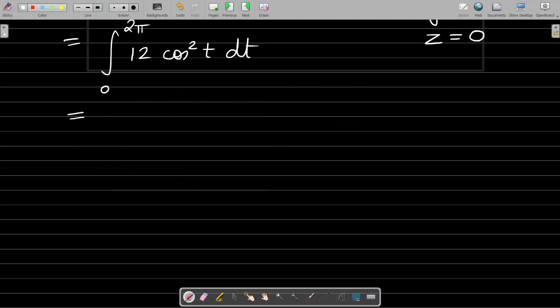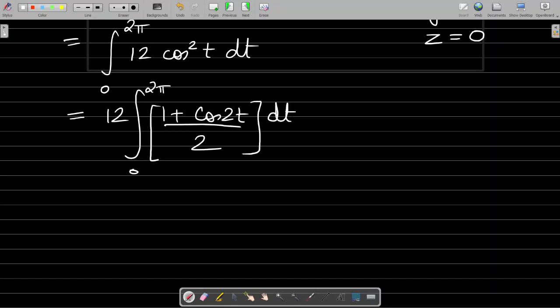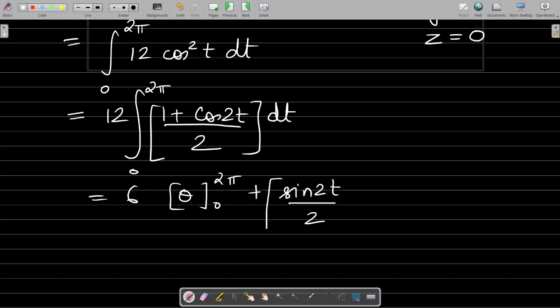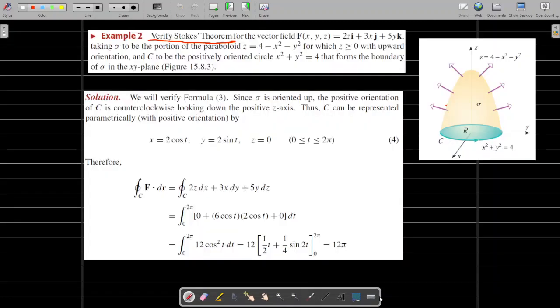So this is equal to 12 into integral 0 to 2 pi of (1 plus cos 2t) by 2 dt. That is equal to 6 into theta within the limits 0 to 2 pi, plus sin 2t by 2 within the limits 0 to 2 pi. So that part is 0. So you'll have 6 into 2 pi, which is equal to 12 pi. So that is the final answer here, 12 pi.